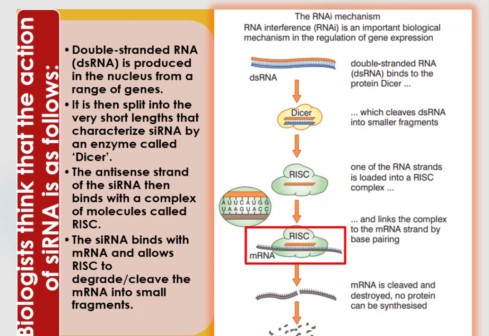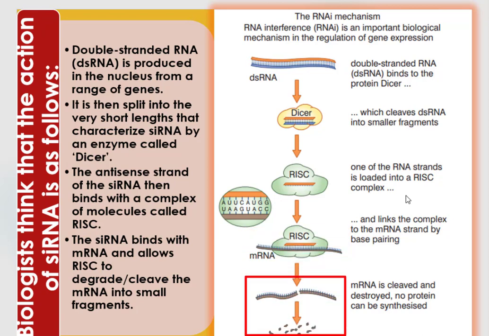Then RISC links the antisense strand of short interfering RNA with the mRNA strand by base pairing. Lastly, as we can see, mRNA is cleaved and destroyed. This results in no protein synthesis at all.